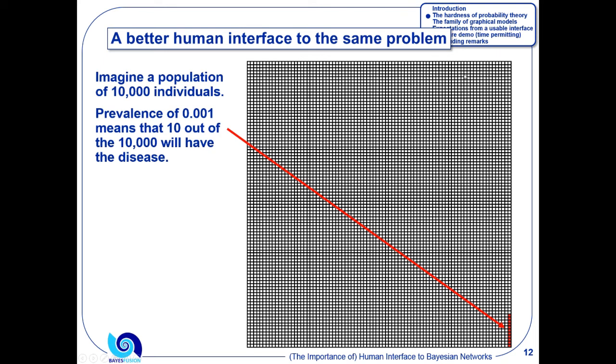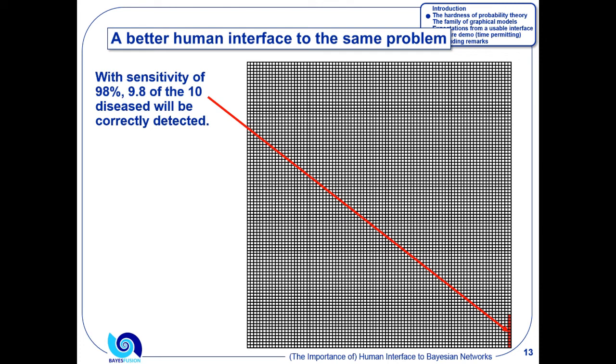So every small square represents one person here. Let's screen them. Let's test all of them. Of course, of the 10 sick people, almost all of them will test positive. Because the sensitivity is so high, we can expect 9.8 of them to test positive correctly. Well, let's say 10 of them will test correctly positive.